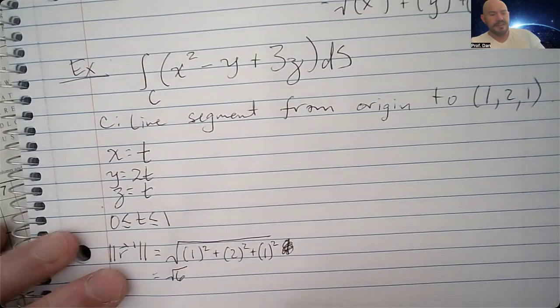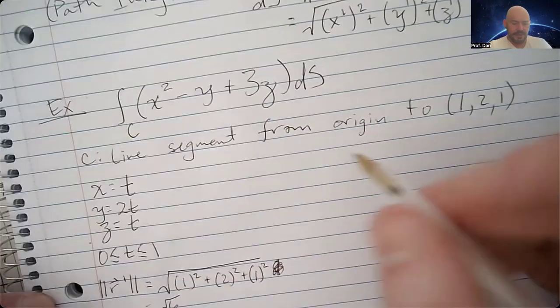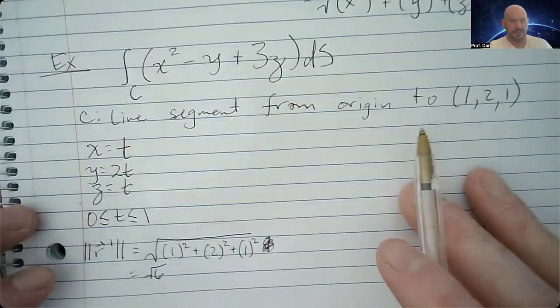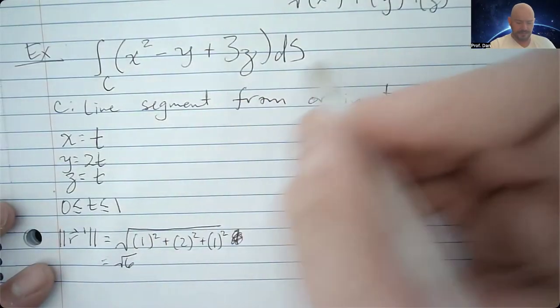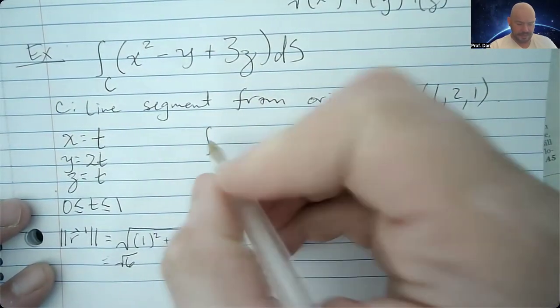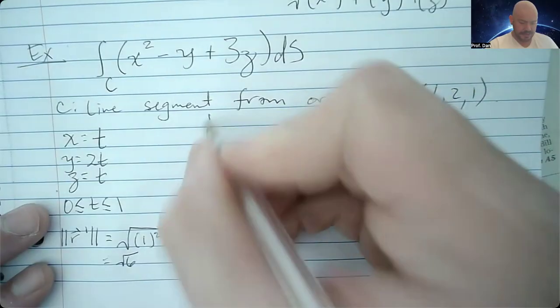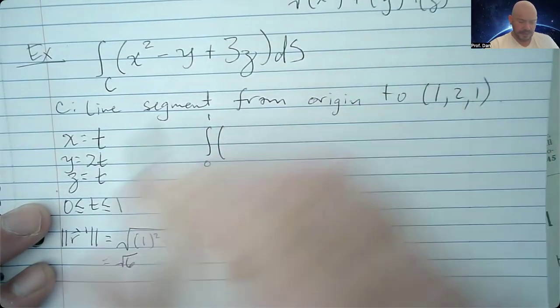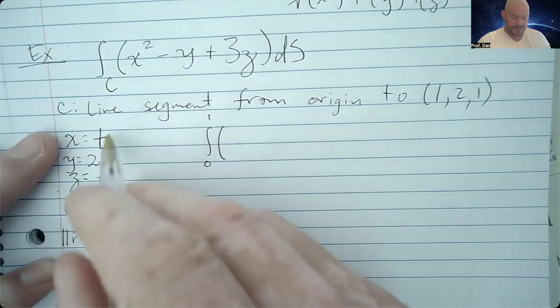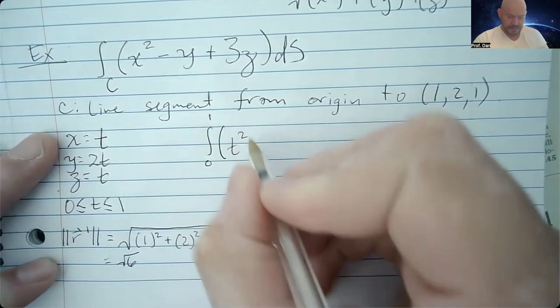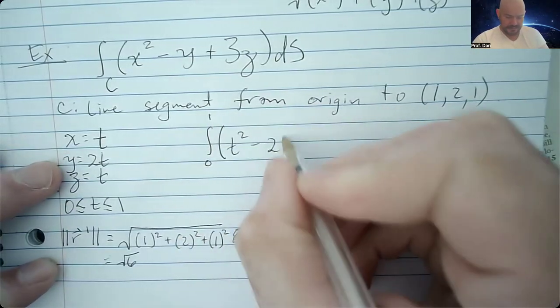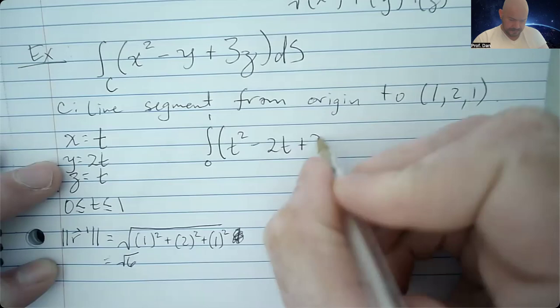So if I wanted to write this line integral as a definite integral, I would start with my bounds, 0 to 1. I could also replace the x with t, the y with 2t, and the z with t.